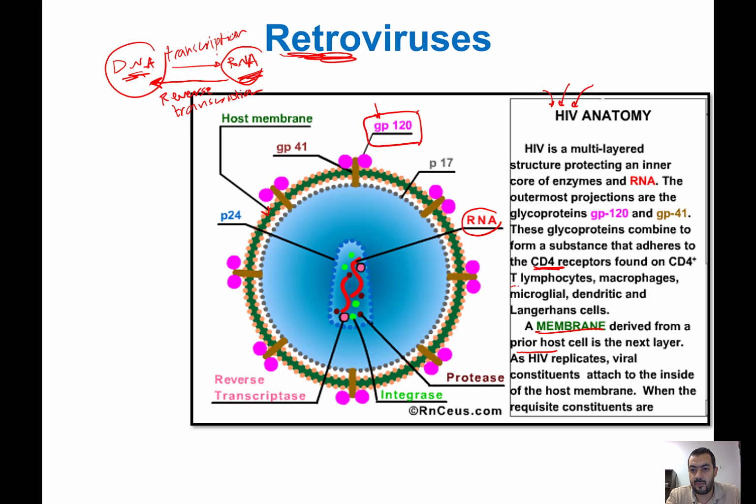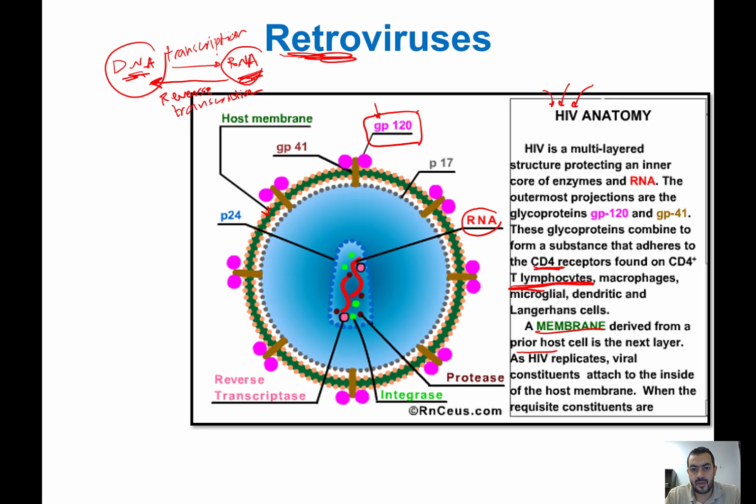This is a type of T lymphocyte that is very essential in our immune system. Unfortunately, the HIV targets this very specific type of cell, which is a key player in our immune system.